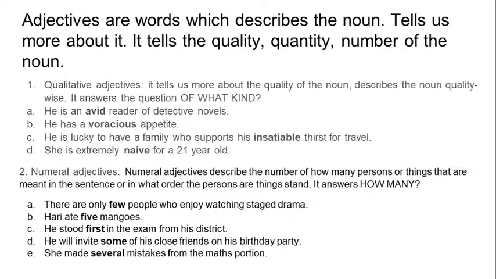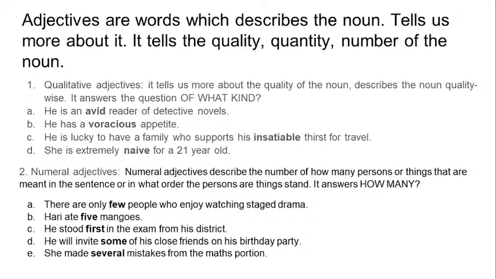Because all of them have a slight shade of difference in their meaning, but yet they are somehow similar. So let us study that with the help of qualitative adjectives. In the first example, it's given, he is an avid reader of detective novels. Now, what do you mean by avid? First, you have to learn the meanings of as many words as possible, and increase your vocab knowledge with that.